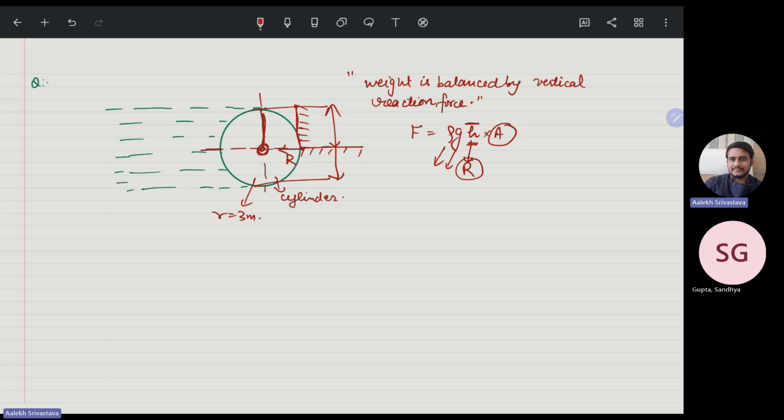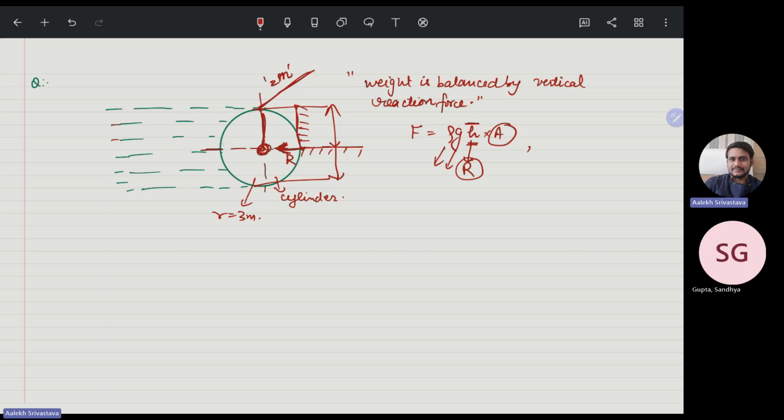Also the height is given. What is the length? The length is also given, 2 meters. So therefore, vertical force is only balanced by the weight. Therefore, the only component that is remaining is the reaction force that will try to oppose the force by the liquid on the cylinder.